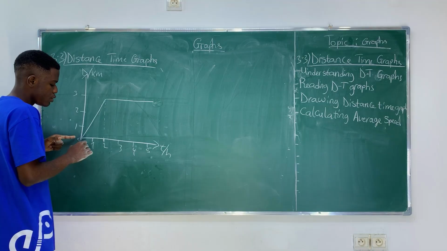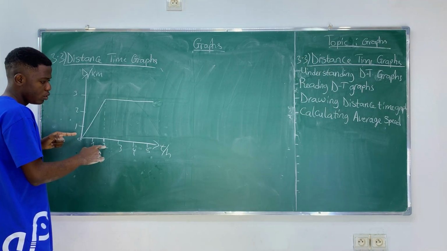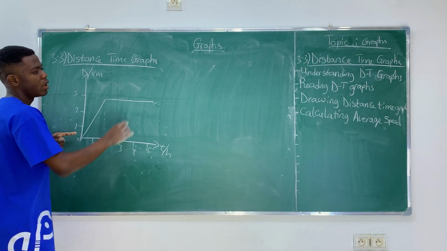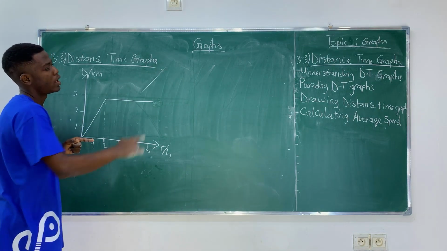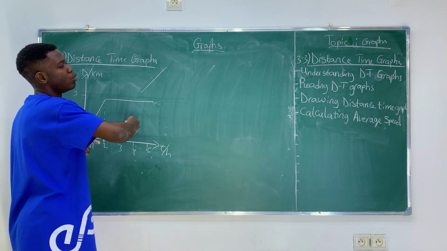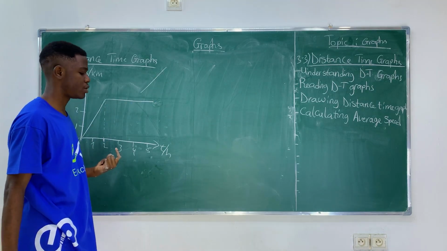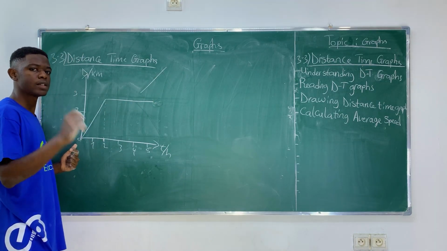So from 0 to 2, you see that the curve is like this, right? And I said that when it is like this, it means it is moving away from the original point with a constant speed.